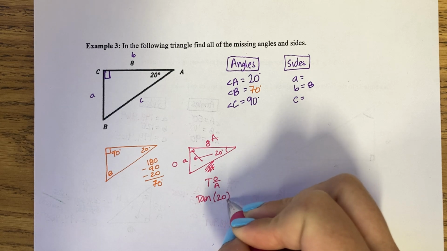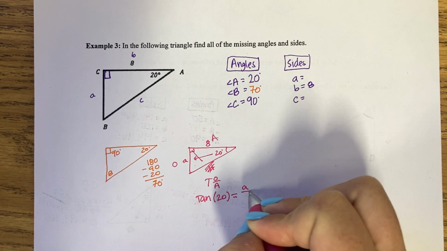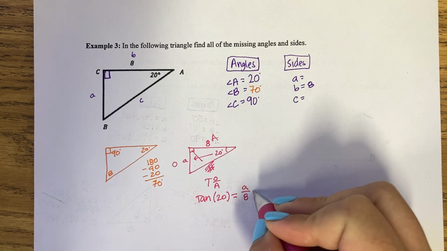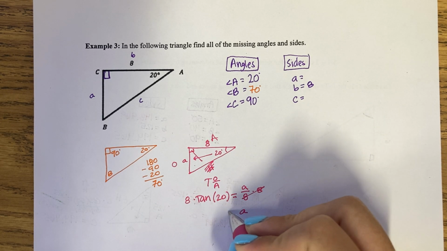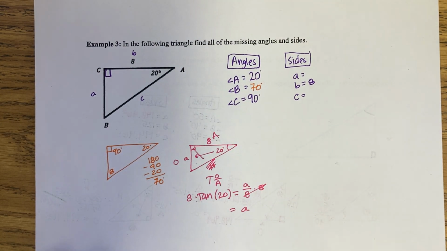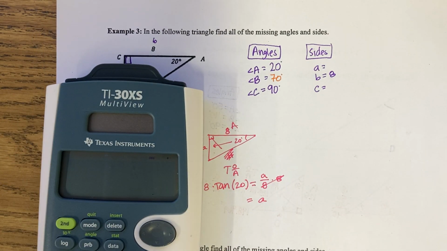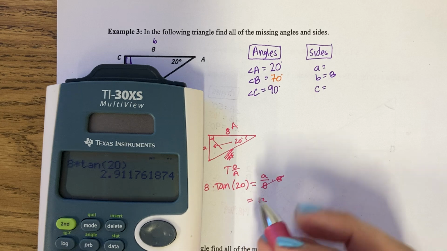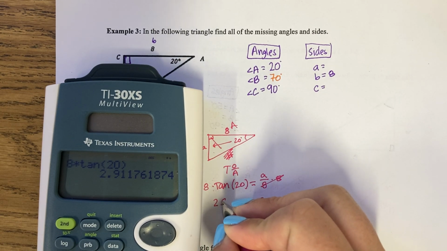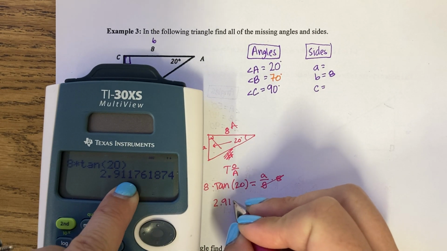Tangent of my angle 20 equals the O over the A. Get rid of our fraction. And I can type that in. So that would be 8 times tangent of 20, 2.912.